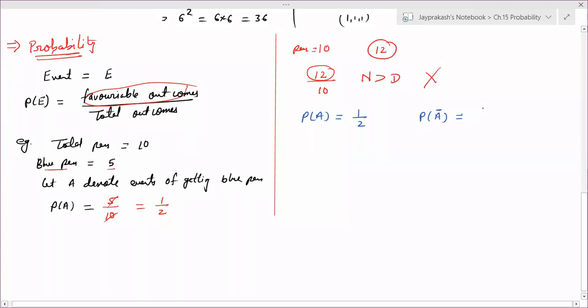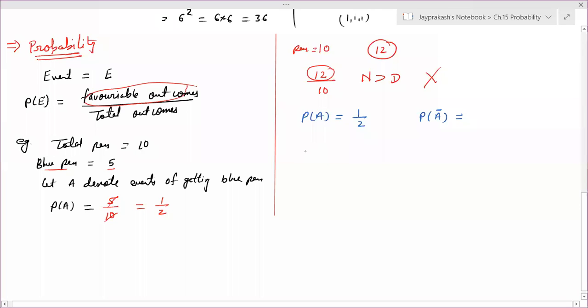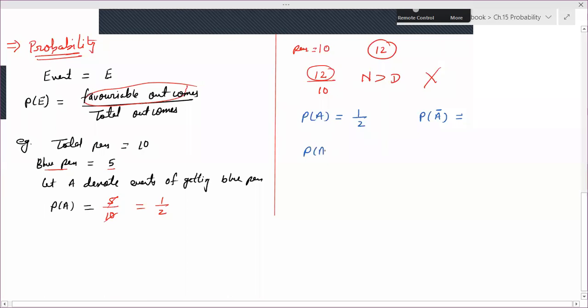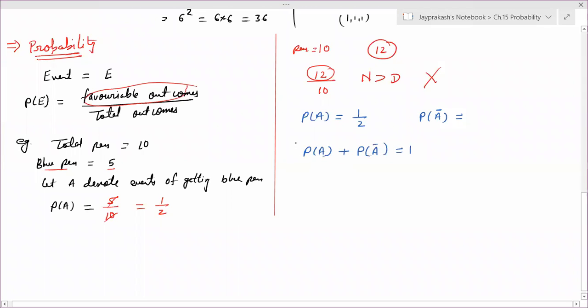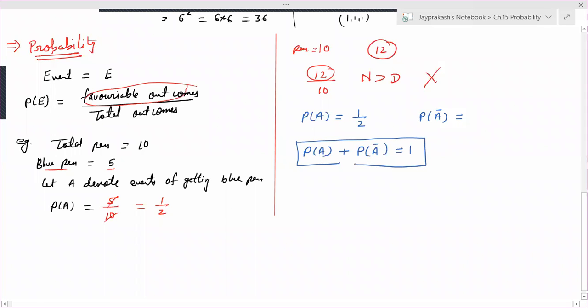If I have taken the blue pen as A, then the chance of the blue pen not coming I will denote by A bar. If the probability of happening is denoted by P of A, then not happening is denoted by A bar. So the total probability of any event either happening or not happening, the sum will be 1. We cannot go beyond 1.